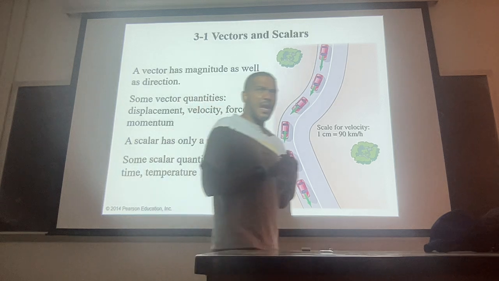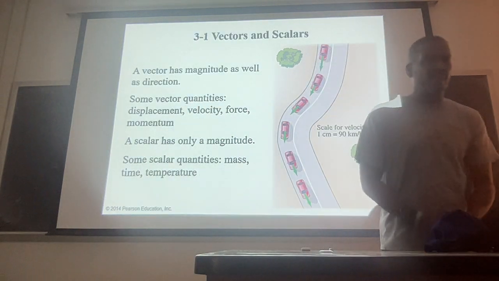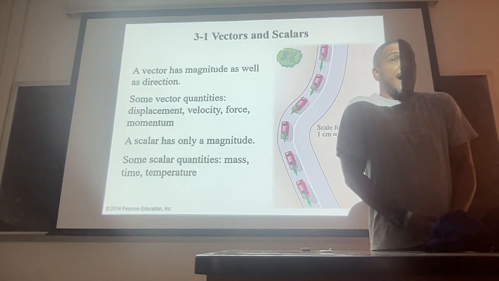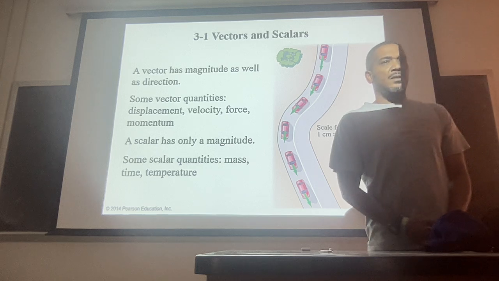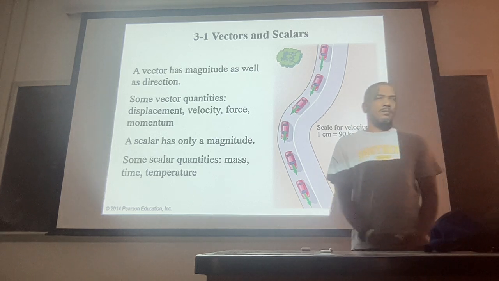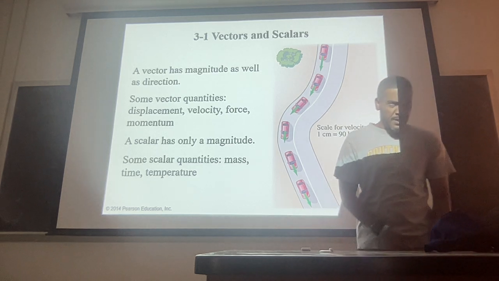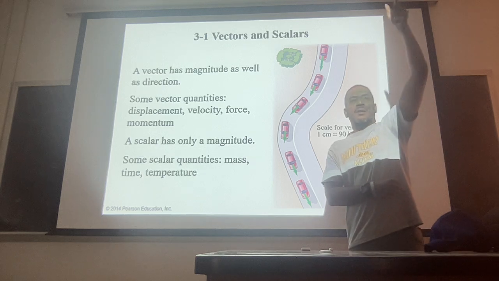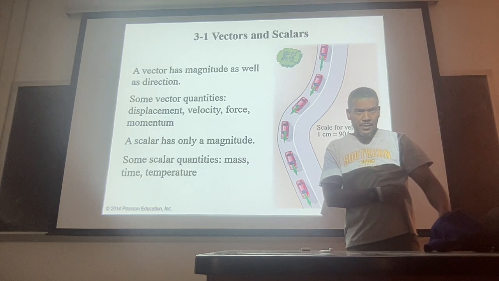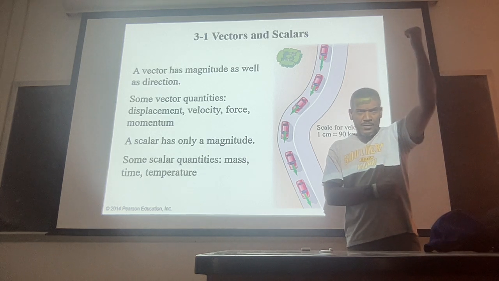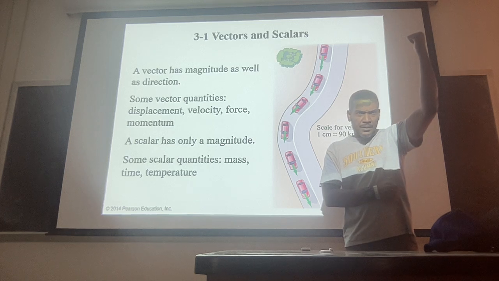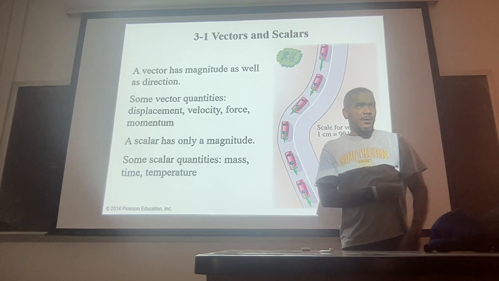We have to identify in which direction a force acts on an object. For instance, with gravity. The difference between me throwing the ball up and the ball coming back down. When I throw the ball up, what force is acting on it? Gravity.